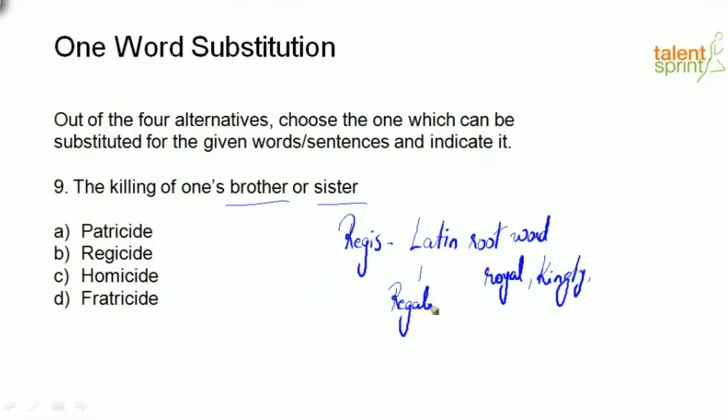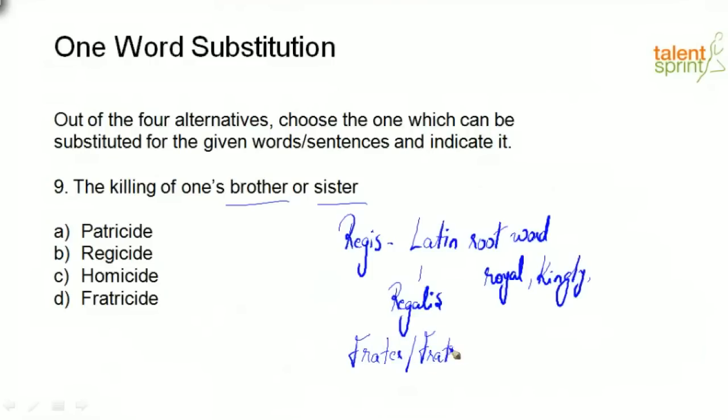It's regalis, right? So this has to do with king, but the option that we have is brother or sister. Now what you need to understand is the word fraternity. Yeah, I'm sure you would have heard of this word, right?